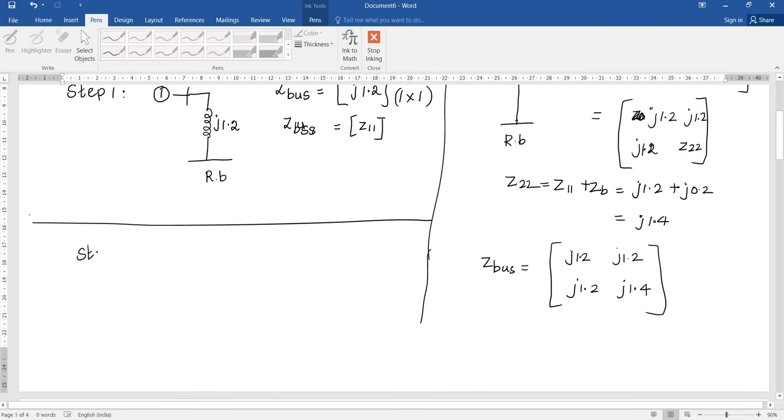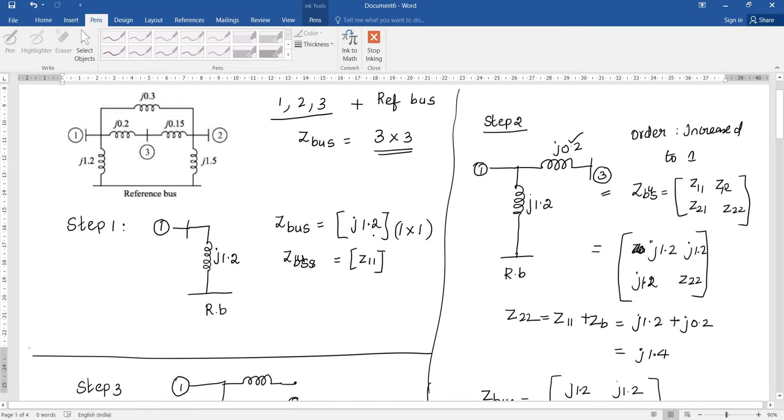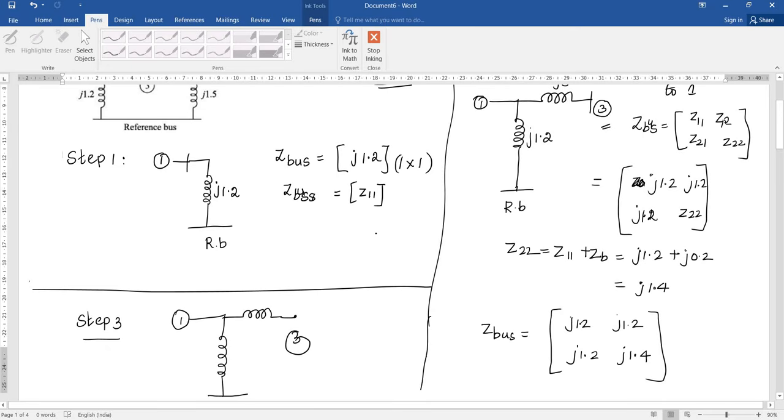I am going to draw the step number 3. Element 1 is connected to the reference bus. And next, bus 1 is connected to bus 3. And next, bus number 3 is connected to the next bus, that is bus number 2.